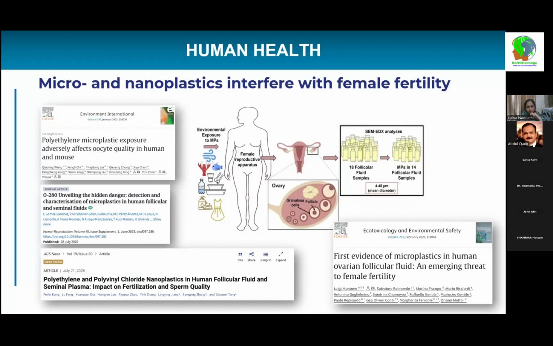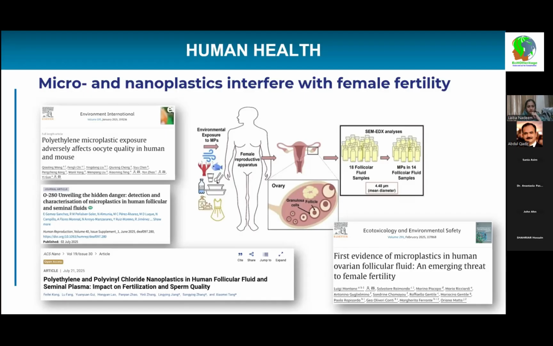Today, 1 in 6 adults worldwide experience infertility, and the numbers continue to rise. We understand that infertility is a multifactorial condition. Researchers are increasingly investigating whether micro and nanoplastic accumulation in the reproductive system is one of the contributing factors, and this topic is getting more and more attention.